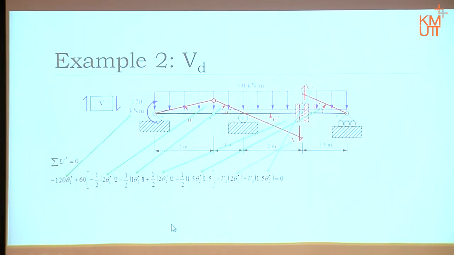Then we still have theta 1, we have theta 2. So we have to link them. The linkage is here with that height. Oh, I just regroup them first, sorry. That height is equal to theta 1 times 2, right? And also equal to theta 2 times 1.